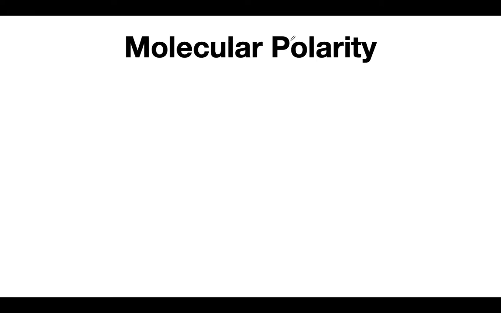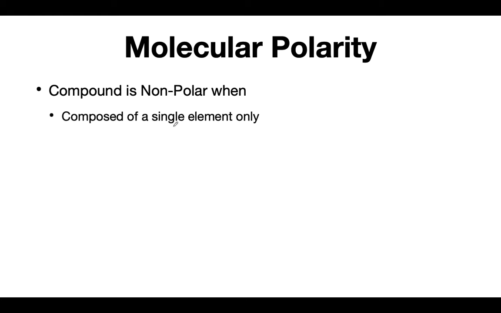So let's look at molecular polarity. Earlier we talked about the bond, right? Each bond has a polarity according to the difference in electronegativity. So the compound is nonpolar when it is composed of single elements only, like hydrogen, chlorine, oxygen, or nitrogen.